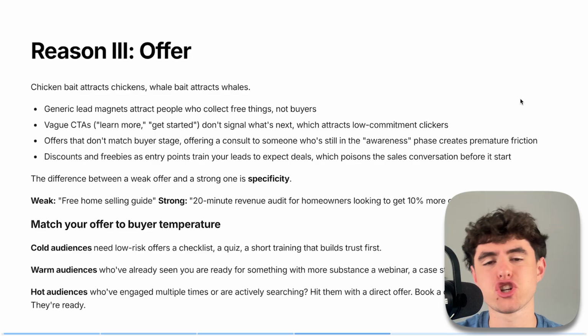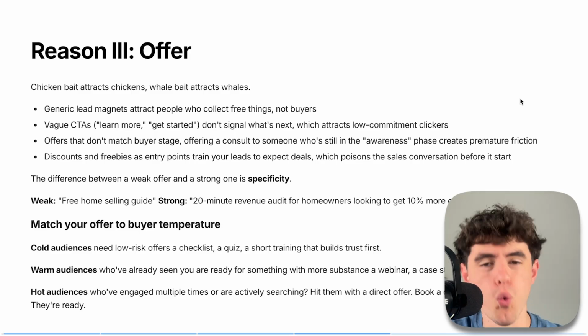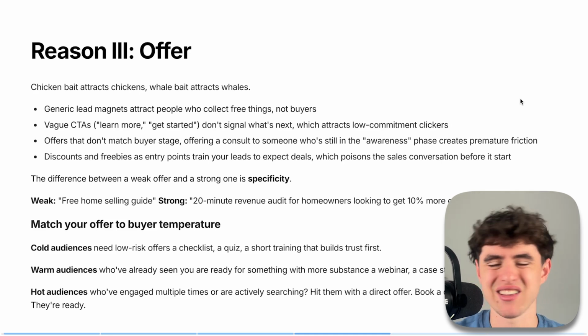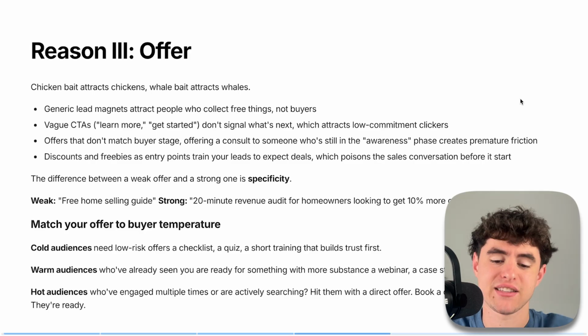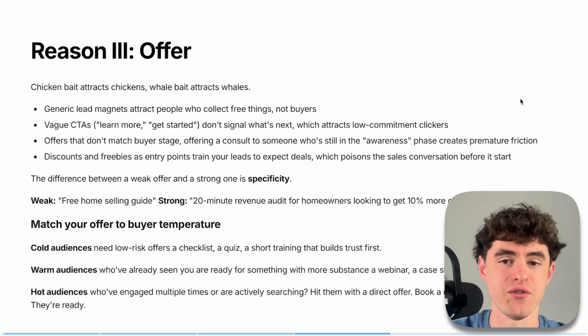Offers that don't match buyer stage, like offering a consult to someone who's still in the awareness stage, create premature friction. Also, discounts and freebies as entry points train your leads to expect deals, which is going to poison the sales conversation before it even starts.